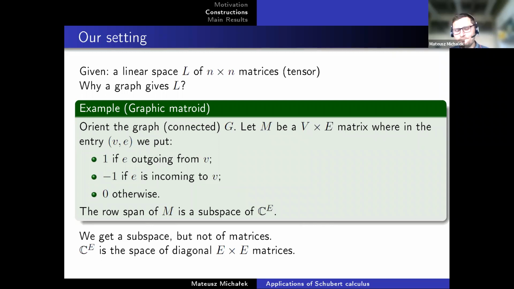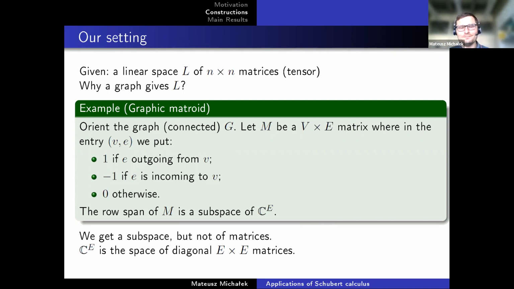And now I build a matrix with rows and columns indexed by vertices and edges. Basically every edge gives me just a sequence where everything is 0, there is only 1 and minus 1. Namely, there is a 1 at the vertex from which it's outgoing, and minus 1 at the vertex to which it is incoming.